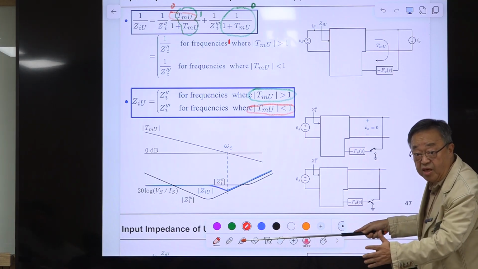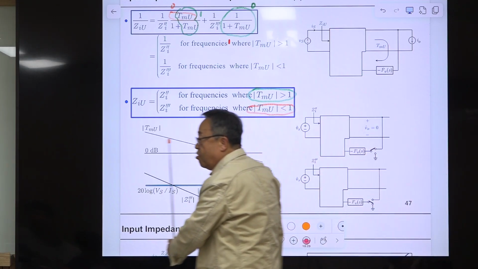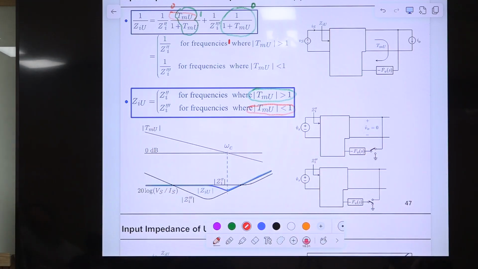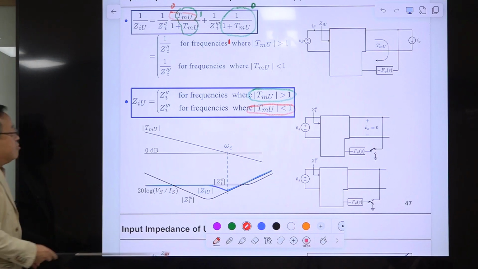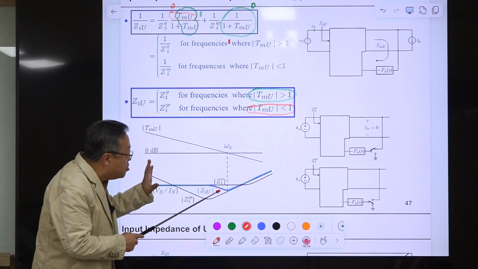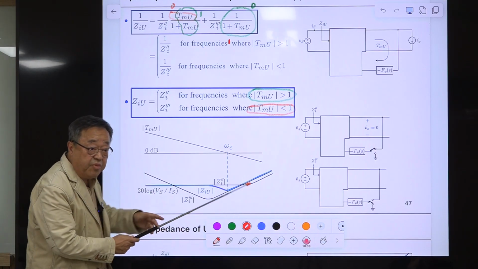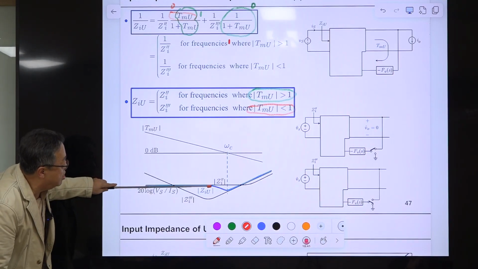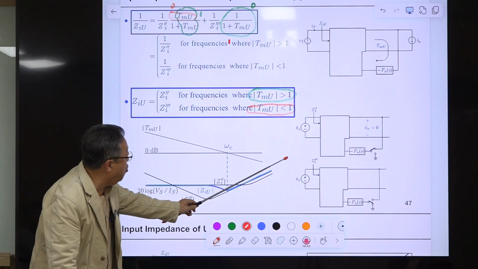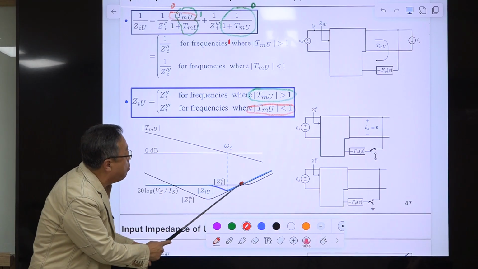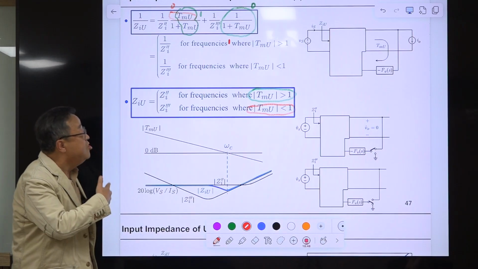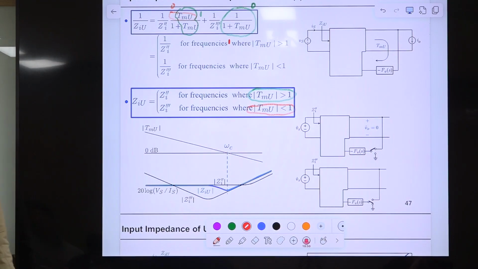There is some dipping at omega C or near the omega C frequency. We don't have exact analysis around here, but it really doesn't matter. At low frequency, it is this, and later on, it follows this slope. This is determined by the inductor in the output filter of your converter.